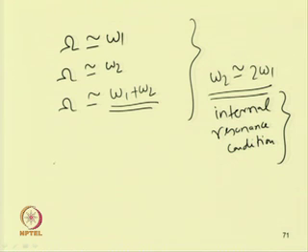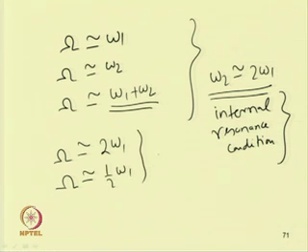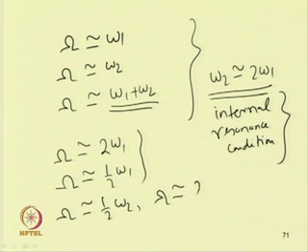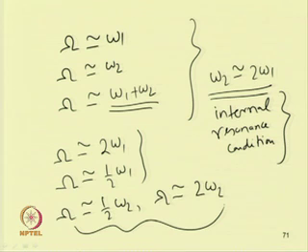Here also one can study the subharmonic and superharmonic resonance condition: 2 omega 1, 1 by 2 omega 1. Similarly, omega nearly equal to 1 by 2 omega 2, omega nearly equal to twice omega 2. All these resonance conditions one can study for this 2 degree of freedom system.